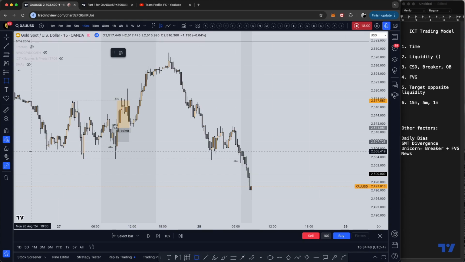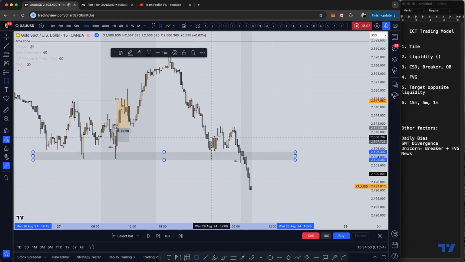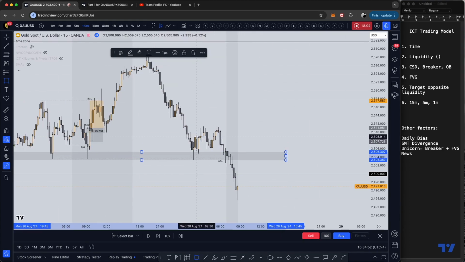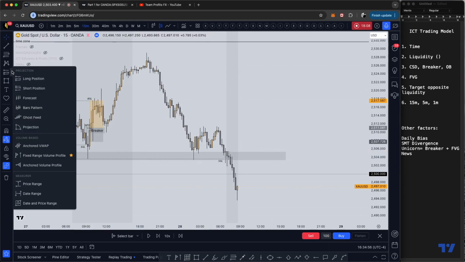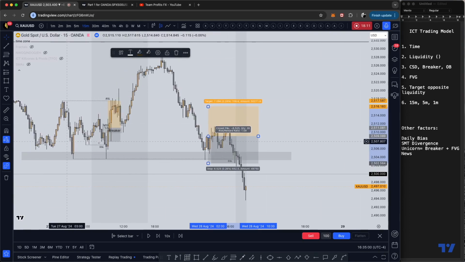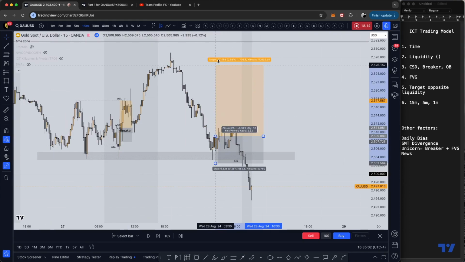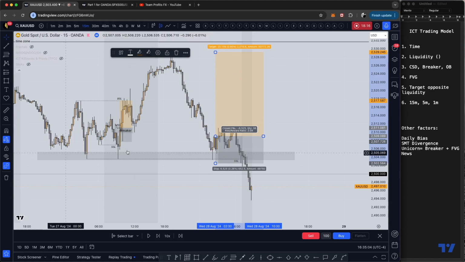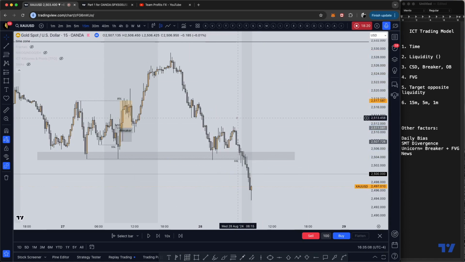This was a very strong support right here. You see, it even induced buyers right here. It was inducing buyers to get in here, probably something like this, go along like that, and they place this stop loss here. They're very happy saying, oh yeah, this is a nice support right now. So they're buying and boom, price is taking that liquidity. So this is why I would have probably not taken this position because of that.